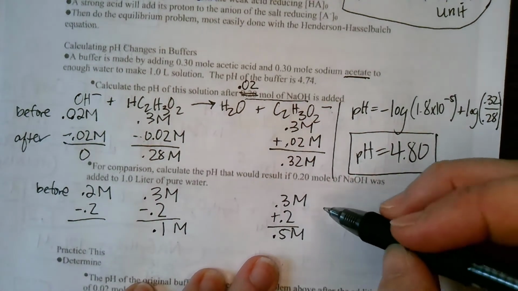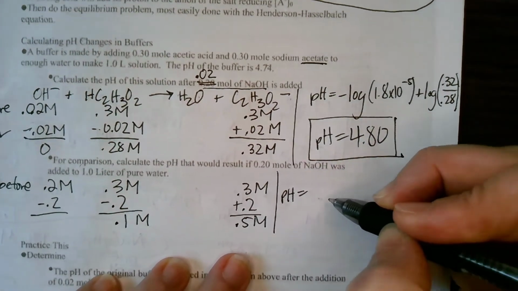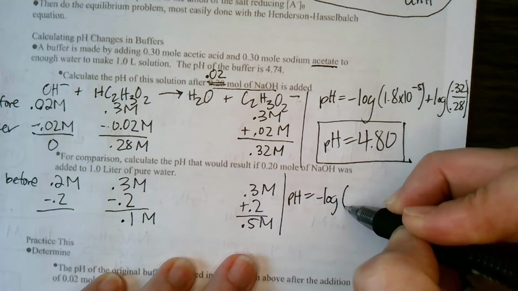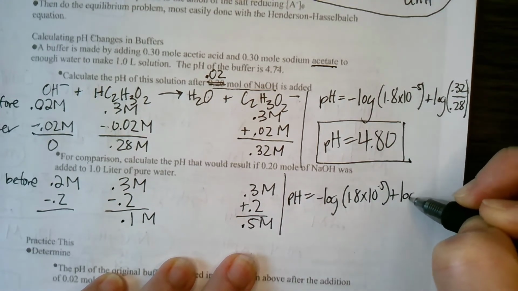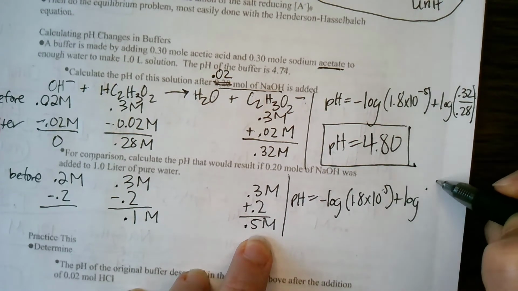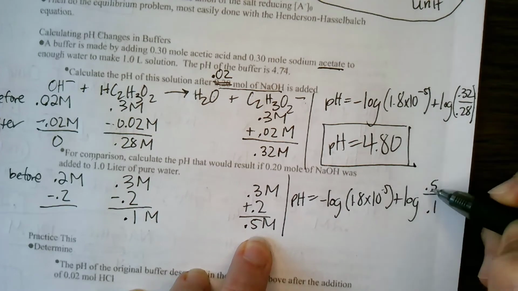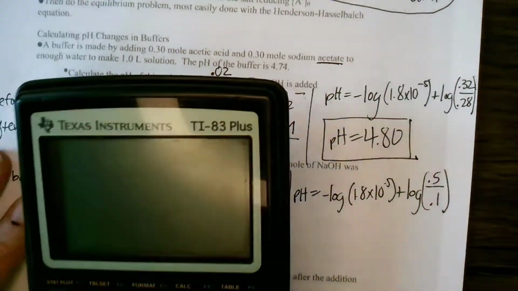So to plug it into here again, my pH is the negative log of 1.8 times 10 to the negative 5 plus the log of, remember my base, 0.5 over 0.1. Let's do that problem here.